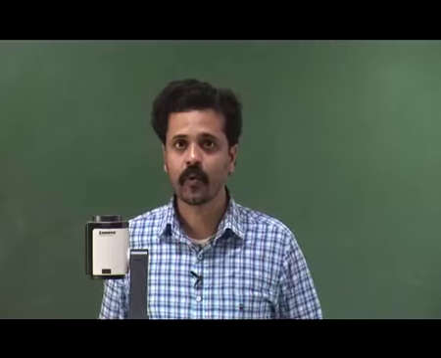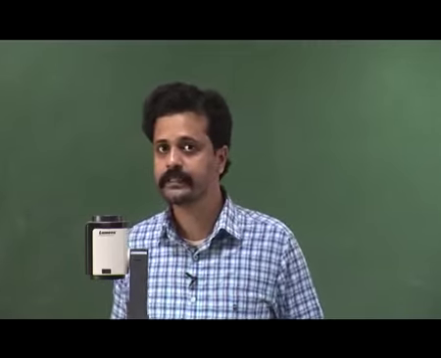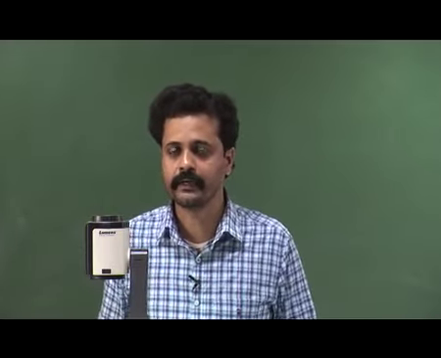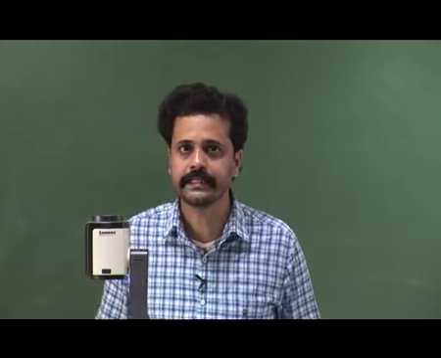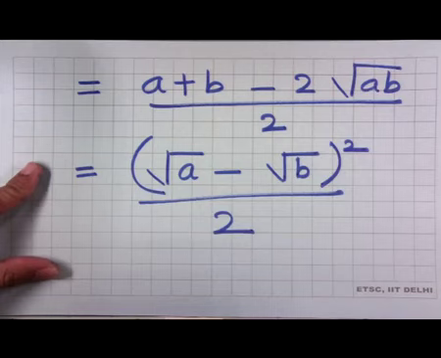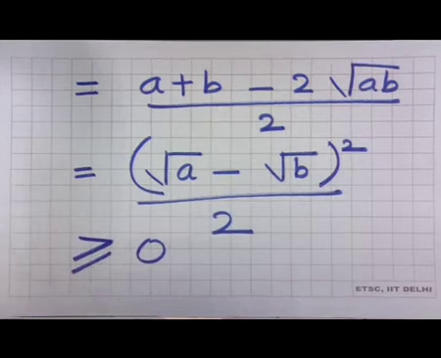Note that root A and root B are real numbers. Their difference is a real number, and square of a real number is always non-negative. Therefore, (root A minus root B) the whole square is non-negative, which says that the difference AM minus GM is non-negative.